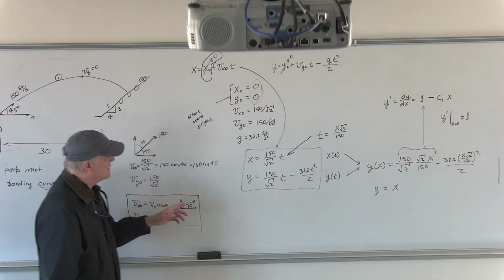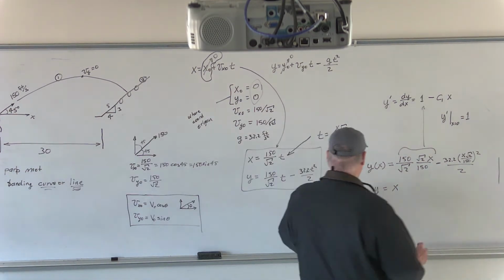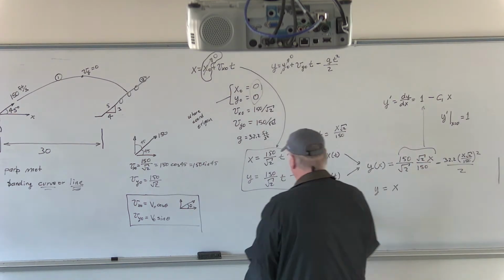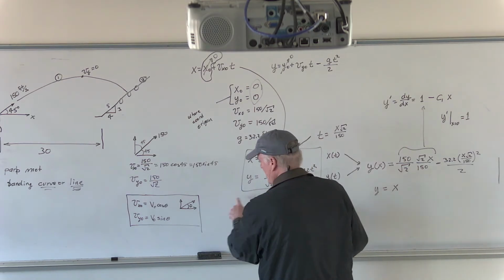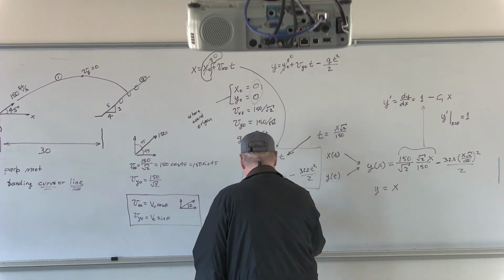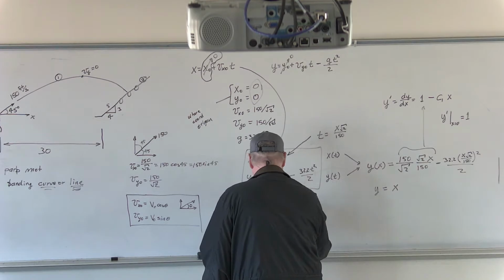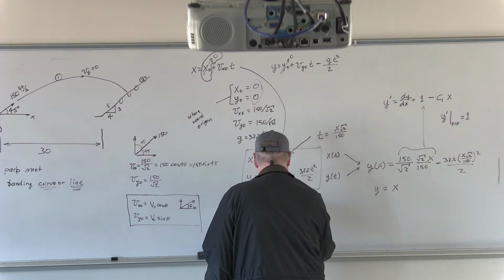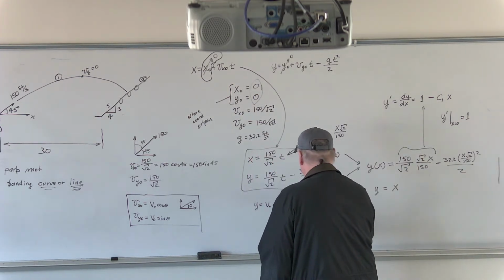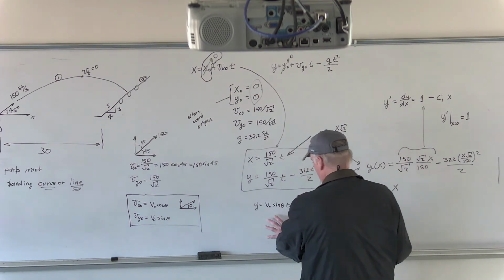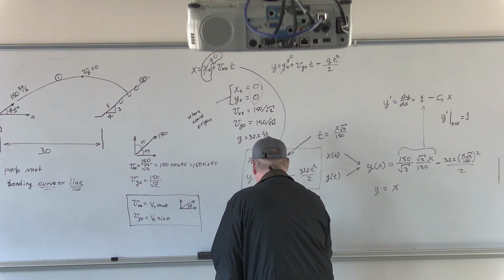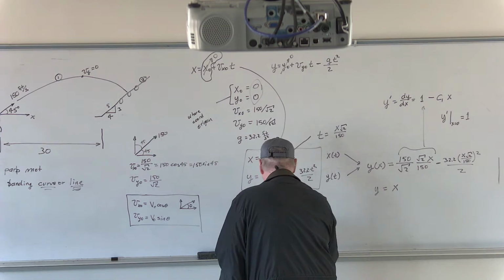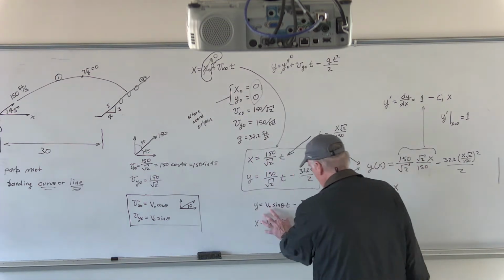But if you take a look at what happened here, at this particular term, let's look at what y naught becomes right there. Y naught becomes V naught sine of theta times t, of course, minus 32.2 t squared over 2. But x becomes V naught cosine theta t, and there's nothing else.